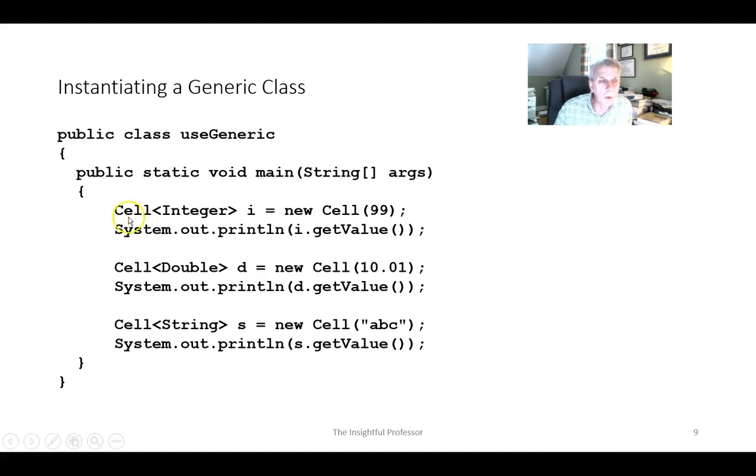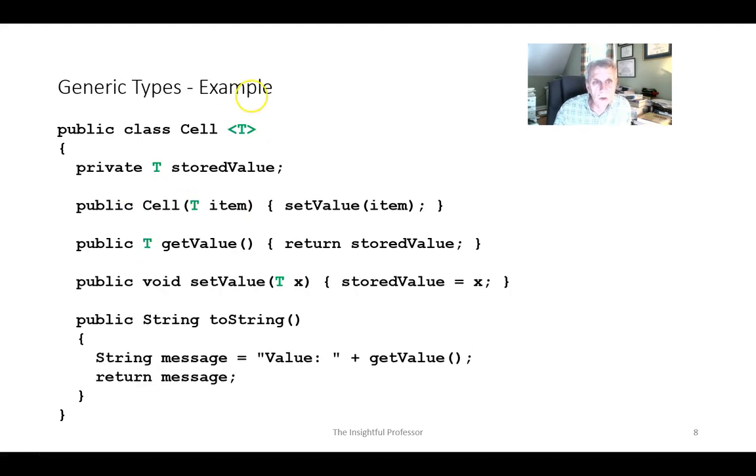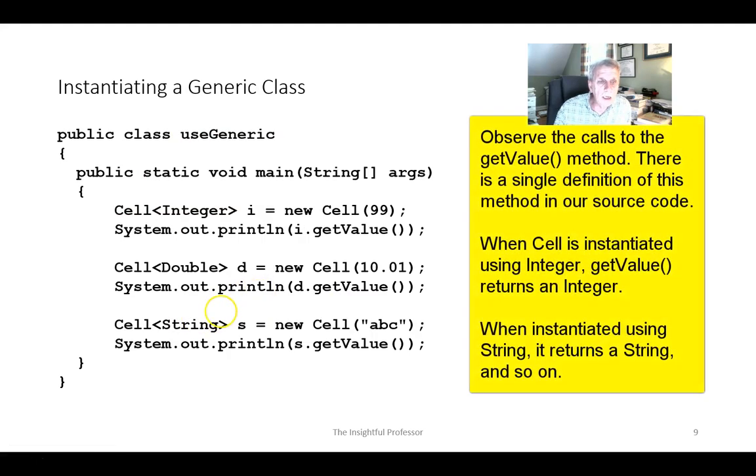So we're instantiating the generic class called cell, and we're passing integer, where integer will substitute for the T, and it will substitute throughout the code wherever that T appears. Then in the second case, we're instantiating this generic class using double. And we have a third example where we're using string. So again, any class will work.